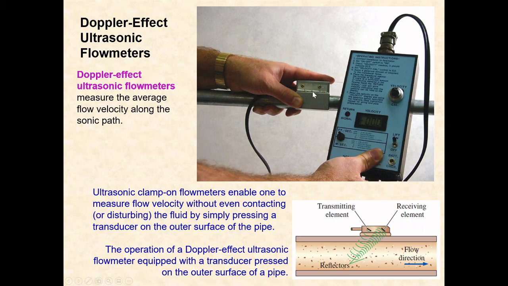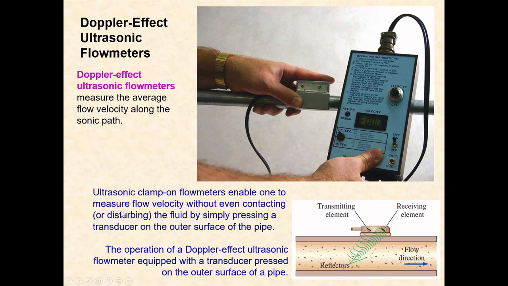Here you press it on top of the outer surface of the pipe. There you can transmit the signal into the pipe, and then you will get the reflected signal. That's how you determine the flow rate.